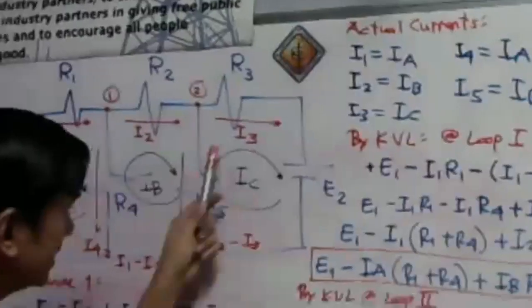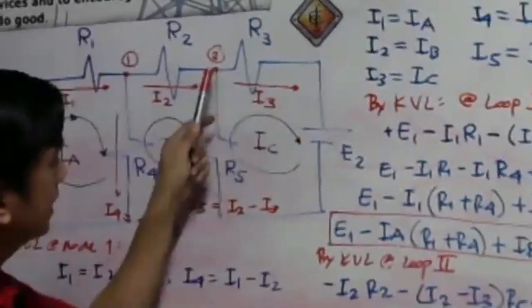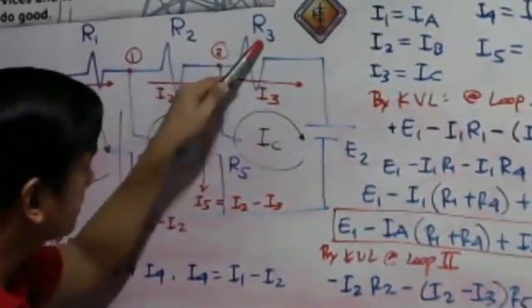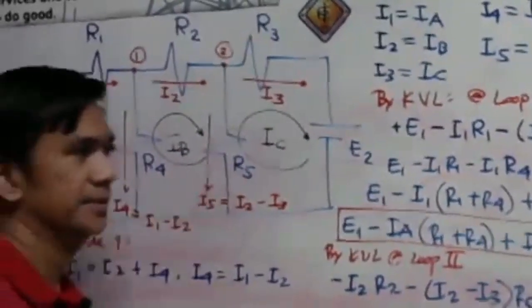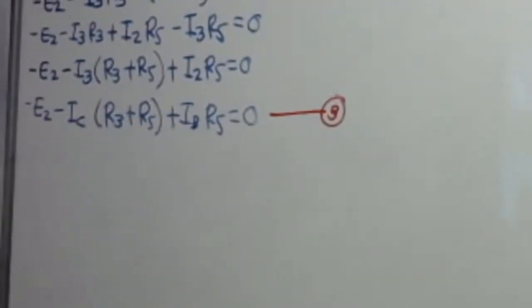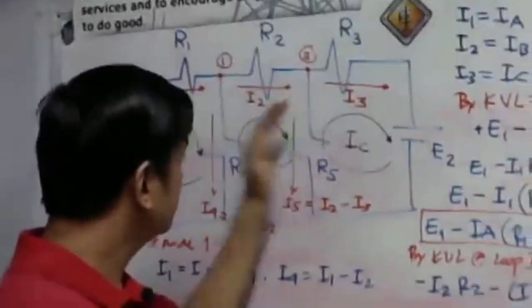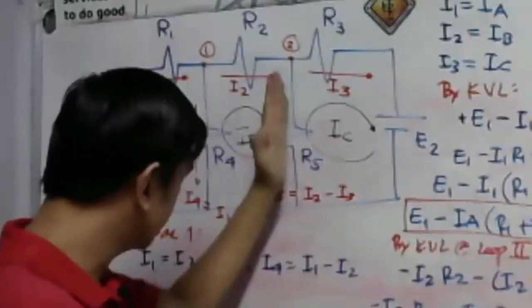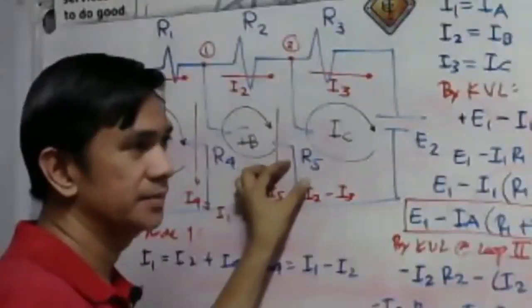What is the loop resistance? Which resistances are in that loop? Just add R3 plus R5. And then plus I sub B times R5. So you have to add the product of the adjacent circulating current and the common resistor, which is R5.